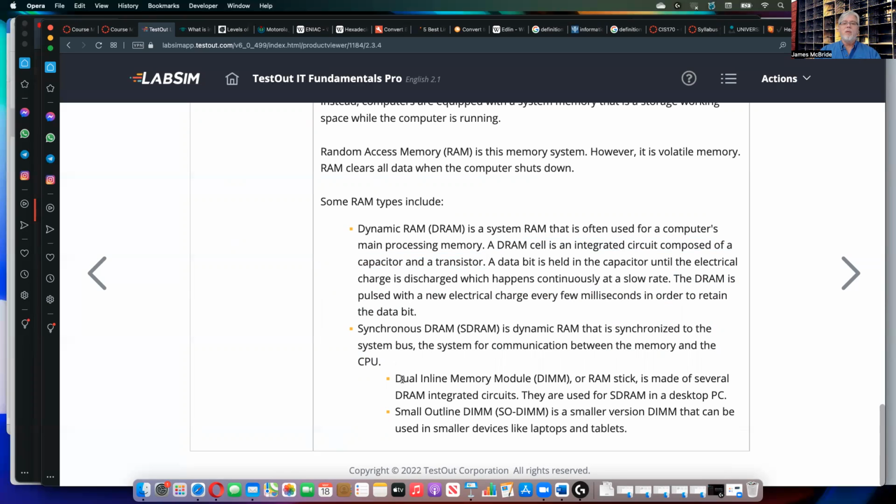A dual inline memory module, DIMM, is actually physically the RAM stick, and it's made of DRAM circuits, and a dual inline memory module will mean that you've got memory on both sides. Which these days is so standard. A DIMM is standard.